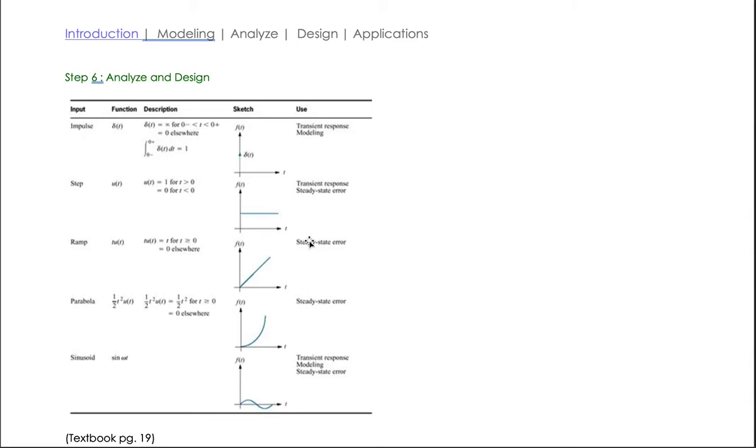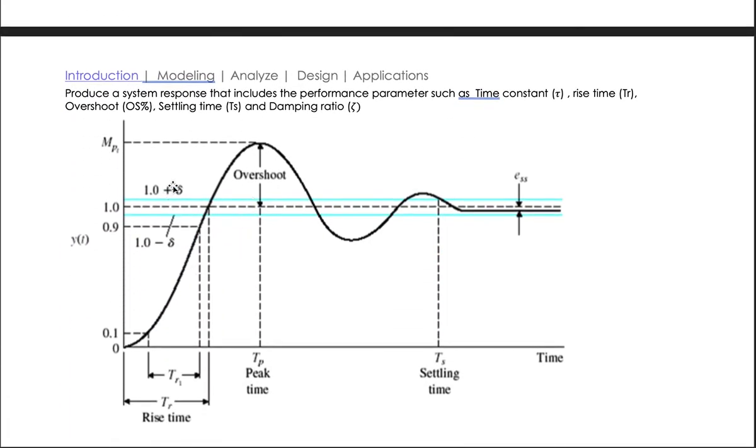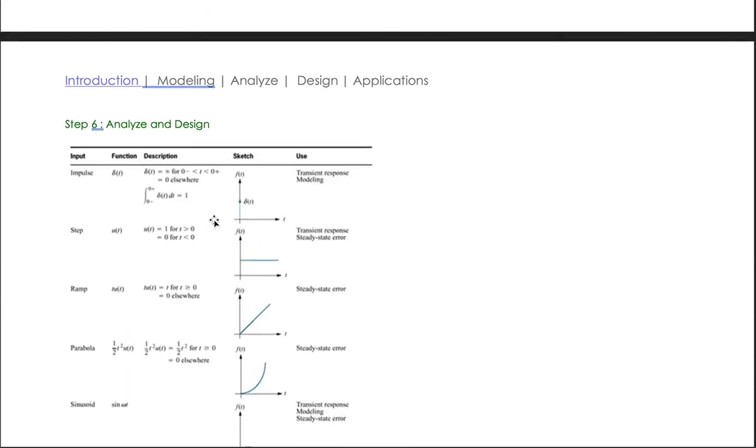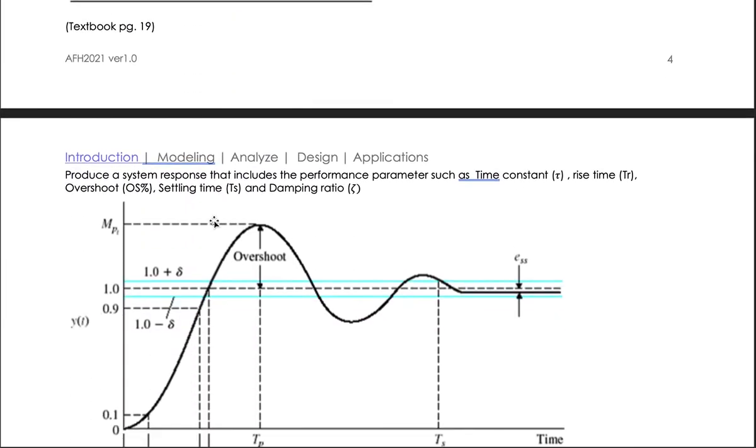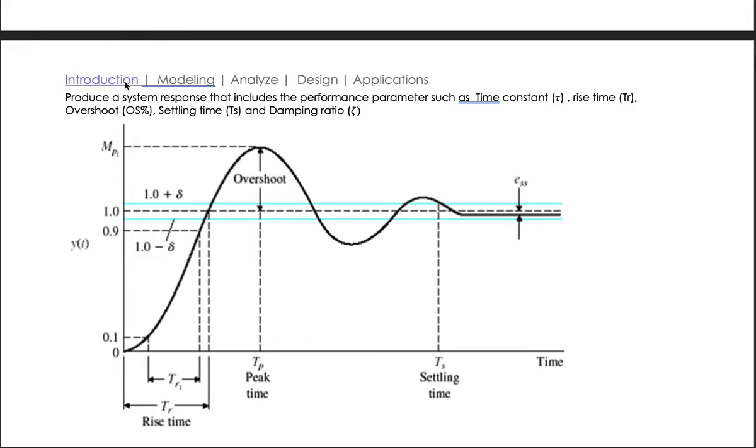For this case, we have 5 inputs: impulse, step, ramp, parabola, and sinusoid. Later we'll discuss this in detail. All right, this is the output response of the systems that we need to analyze based on the model that we created.